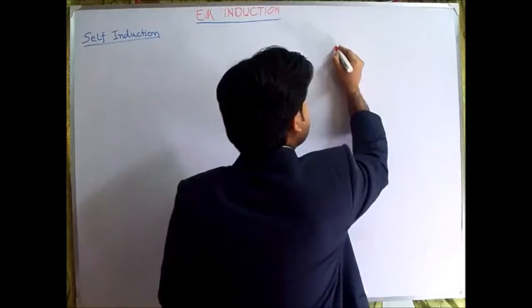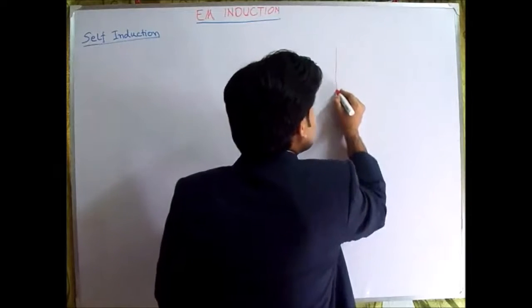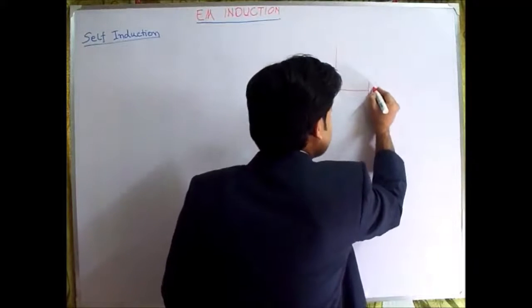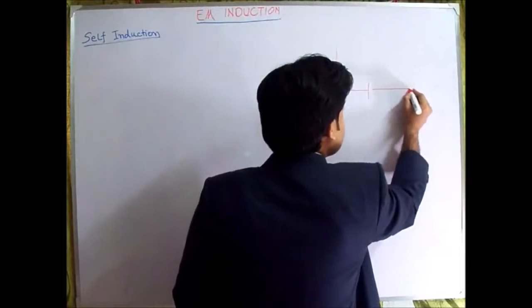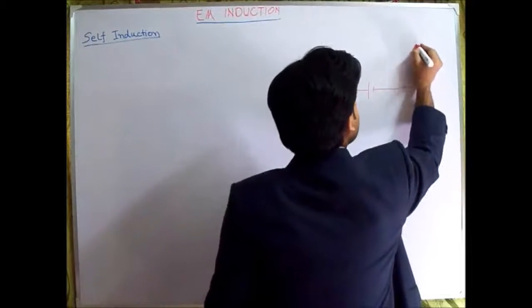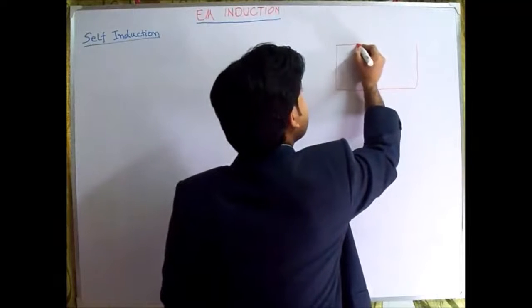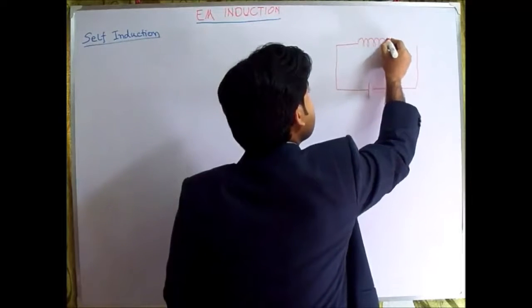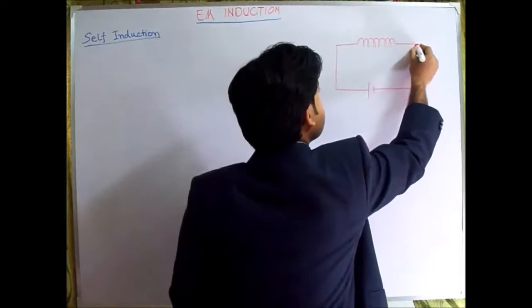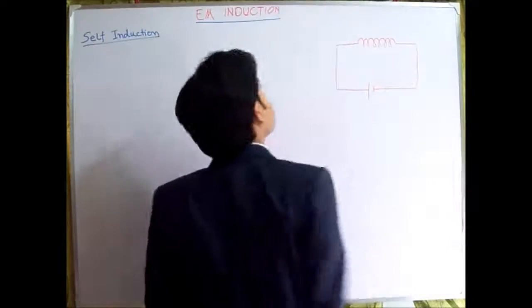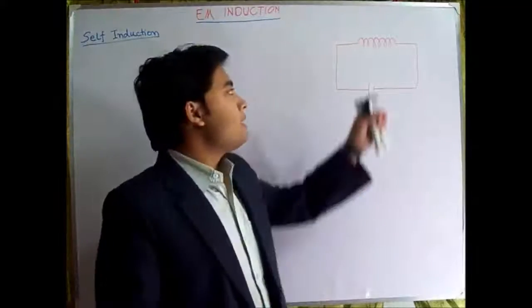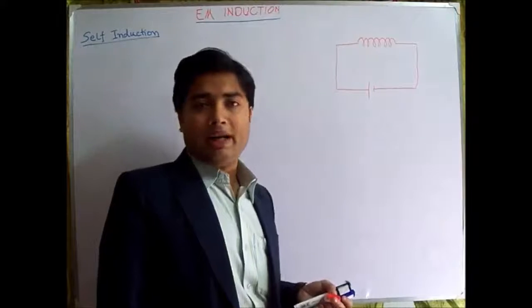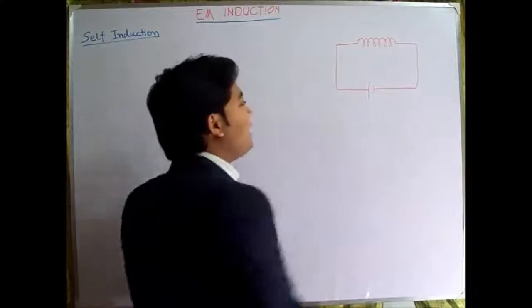Say, for example, the circuit looks somewhat like this. This is a normal inductor and this is the battery.